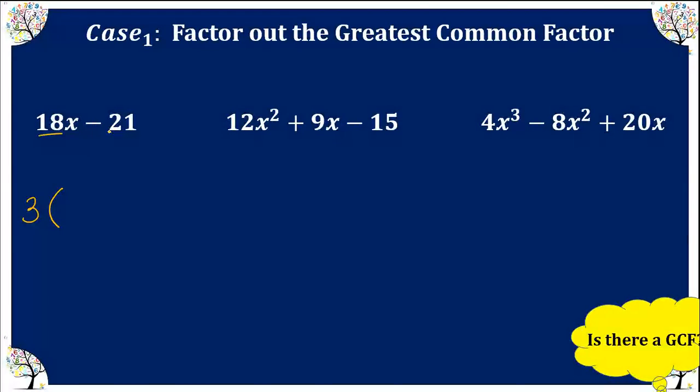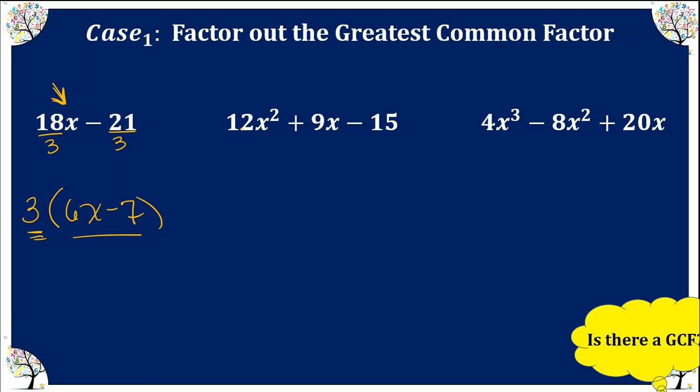To find the remaining factor, we divide each term by 3. We're undoing multiplication. We have 6x minus 7. So these were the original expressions that produced this binomial. So the two factors of this binomial are 3 and 6x minus 7.